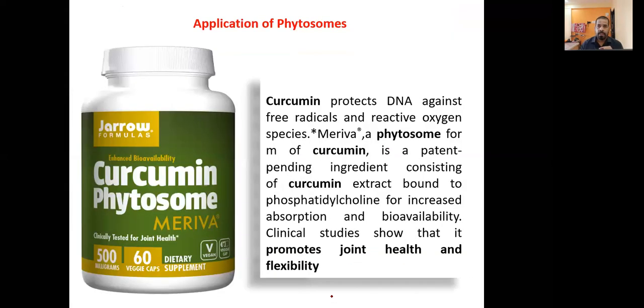And the last point is curcumin. Curcumin protects DNA against free radicals and reactive oxygen species. Now this application, DNA protective and free radical, is by a product Meriva, a phytosome of curcumin, which is a patent-pending ingredient consisting of curcumin extract bound to phosphatidylcholine for increased absorption and bioavailability.